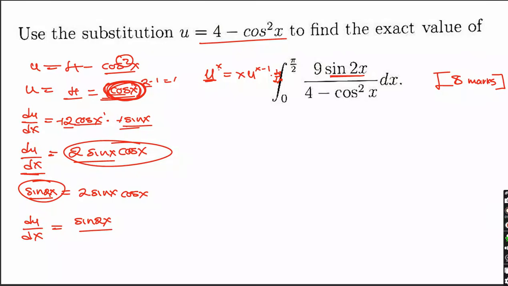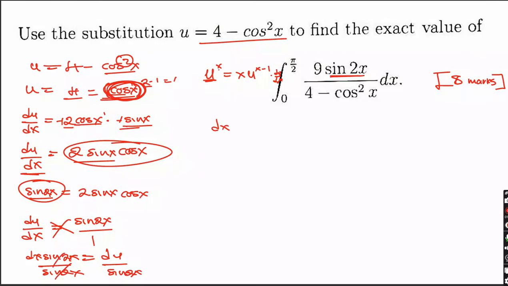So we need to make dx the subject of the formula, so you can cross multiply. You are going to have dx times sine 2x is equal to du. You can divide by sine 2x on both sides, so this and this are going to cancel out.